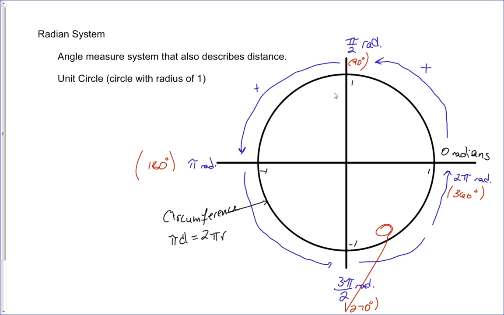As we talk about radian measure, you need to make sure that you get comfortable with dealing with radians, talking about radians, and understanding when I say an angle is, say, pi radians or 5 pi over 2 radians or whatever, that you understand what I'm talking about.